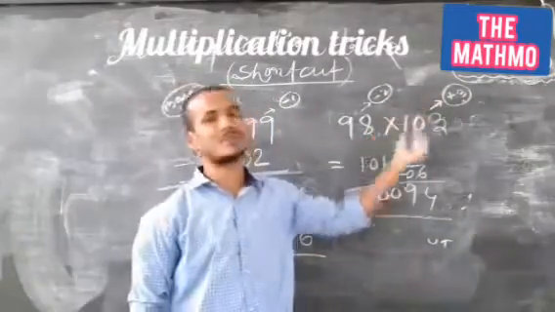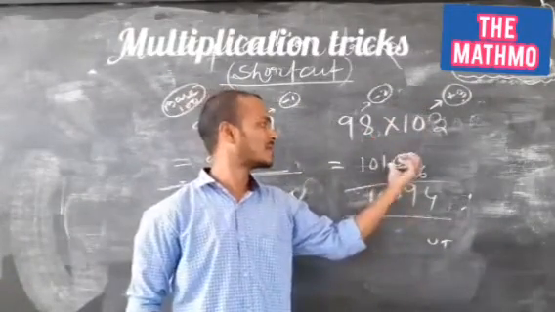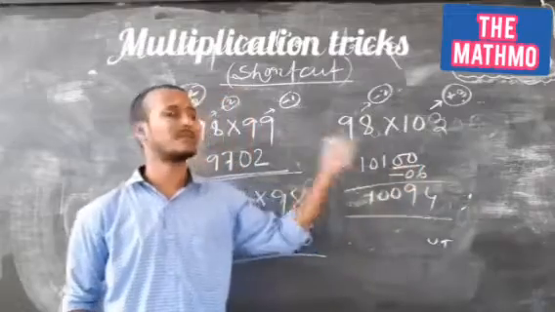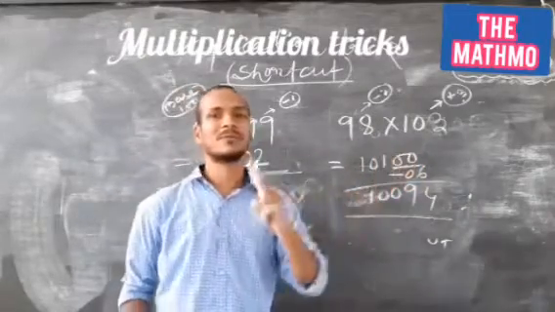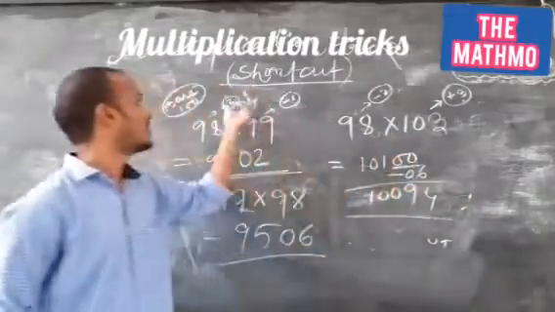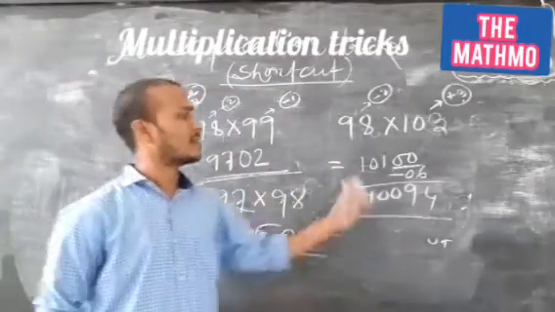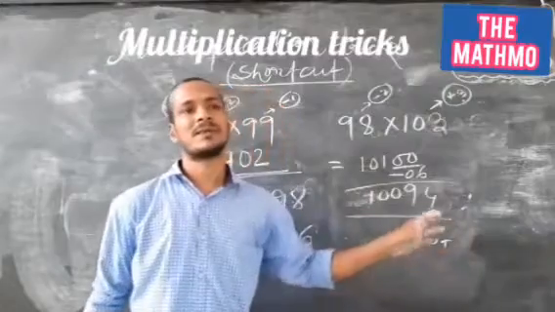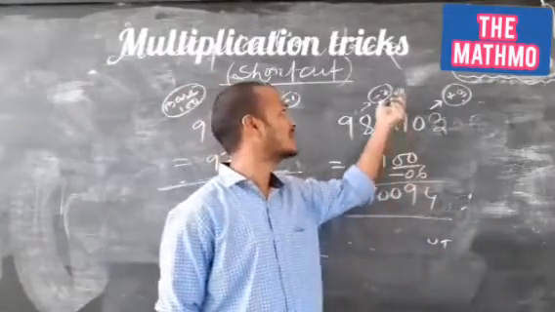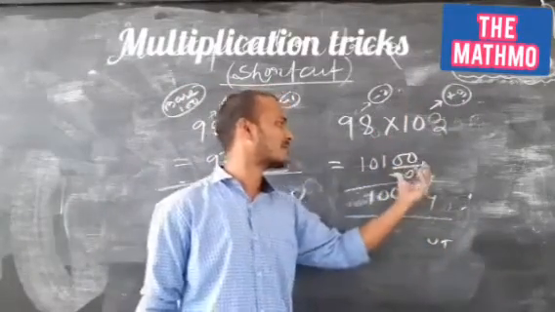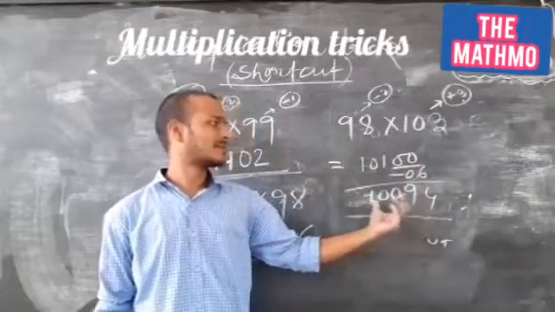For this case, you have to subtract. Put in 0 because the base is 100. For that, you have to keep the last 2 digits 0. And then when it is minus minus, it will be plus. That's why we are adding plus 1. In the first case also both are plus, that's why adding plus. But here one is minus, another is plus, that's why you have to subtract from the plus digits. And that one will be this.